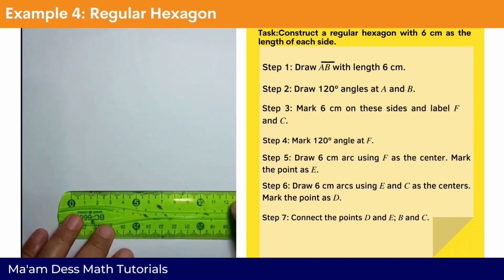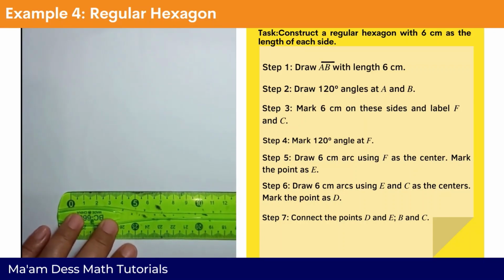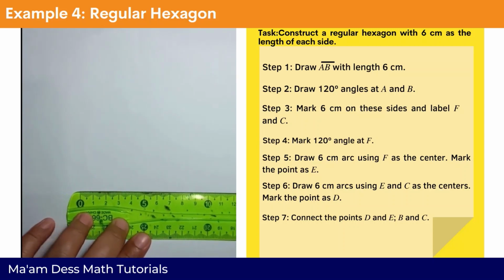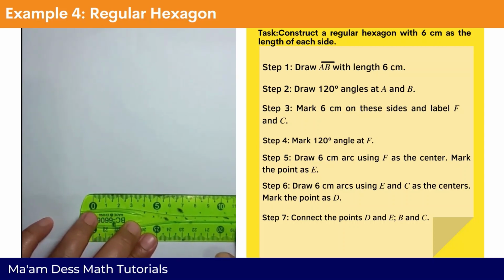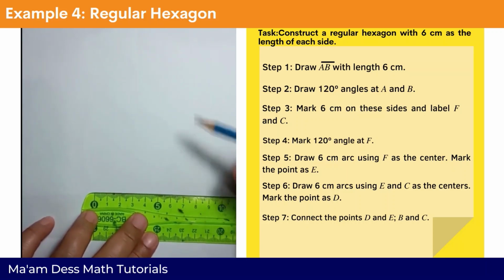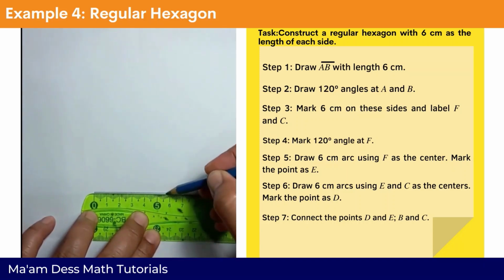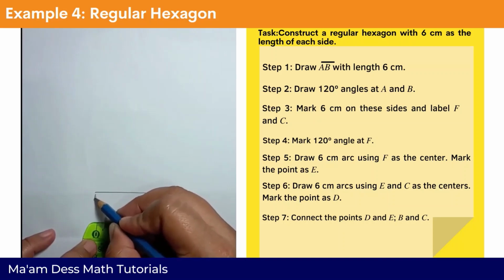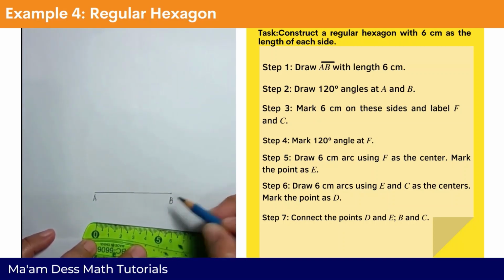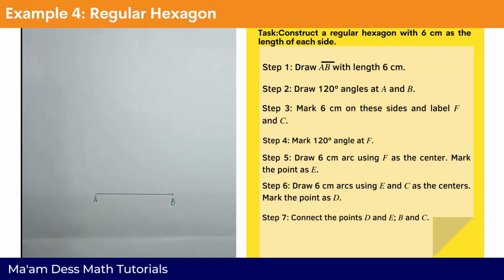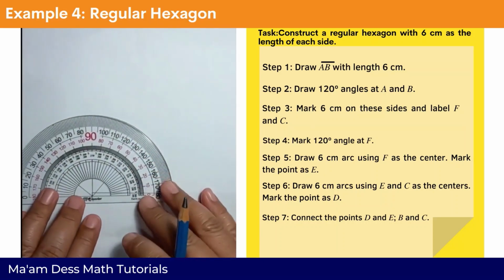Okay, the first thing that you are going to do, draw a line segment AB with 6 centimeters in length. Again, label it as A and this one is B. Next, draw an angle at both A and B. So place your protractor.